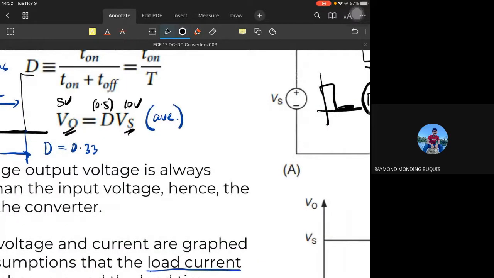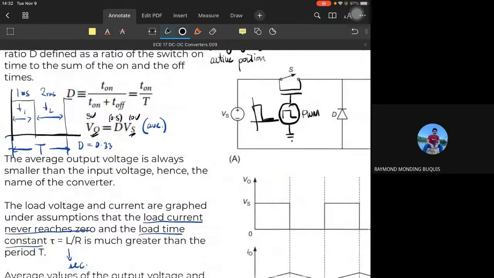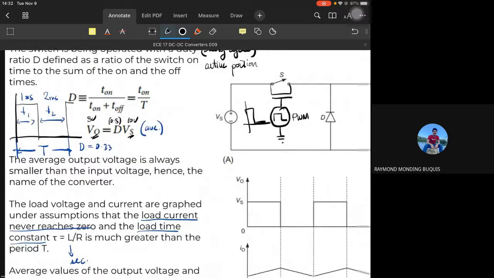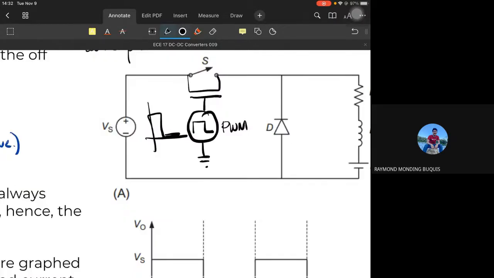So it's just a matter of designing the input signal that drives our switch or our power electronic device.